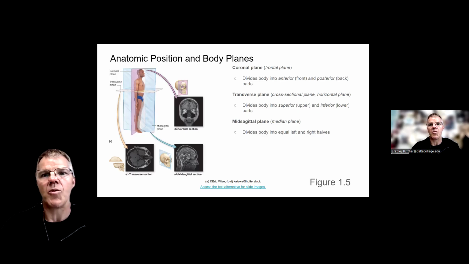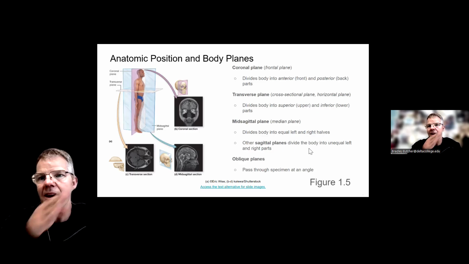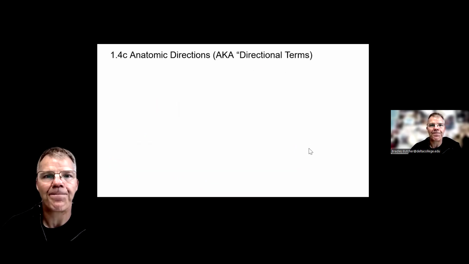When it's directly through the middle, we call it the mid-sagittal or median plane. The other sagittal planes divide the body into unequal left and right parts. We also have the oblique planes, and they pass through a specimen at an angle, right?